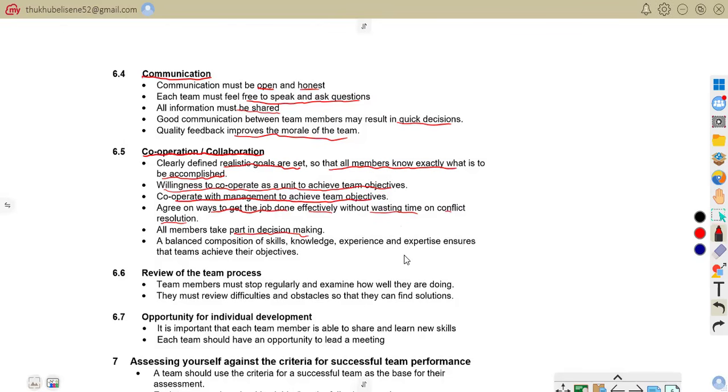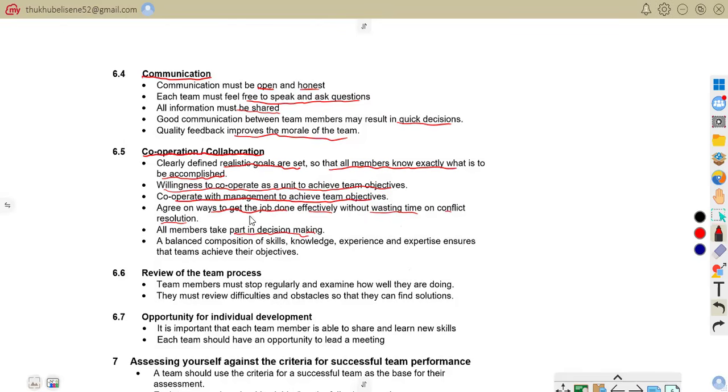So make sure that everyone is going to contribute, because if you don't allow full contribution of members, it means you close out other quality ideas. So make sure that all members are included in decision making.